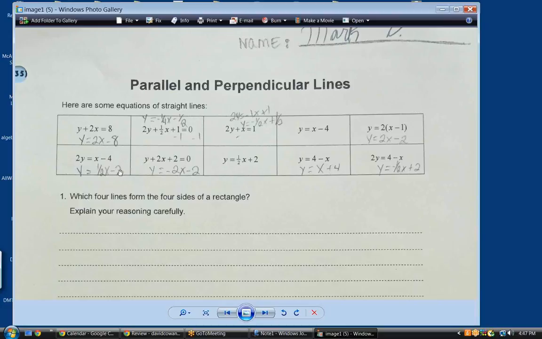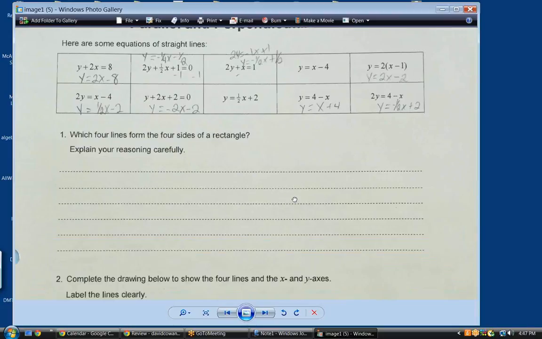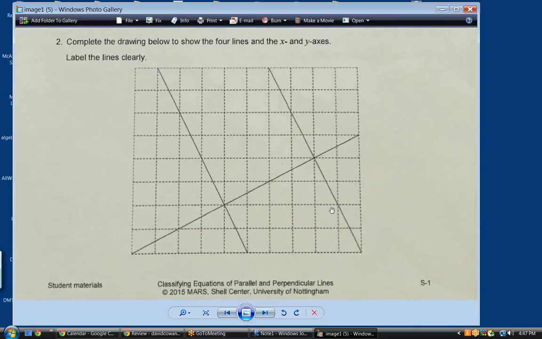Not that one. -1/2 is this one, which has a y-intercept of 1/2, and this one, which has a y-intercept of 2. So in our picture, I would say that's the -1/2, that's going to be the 2, so I'm going to put the line right there.